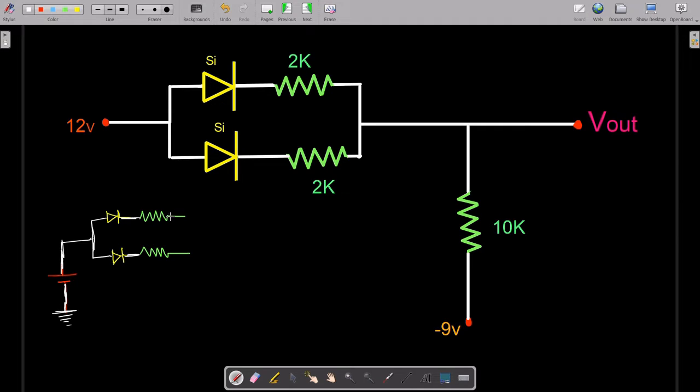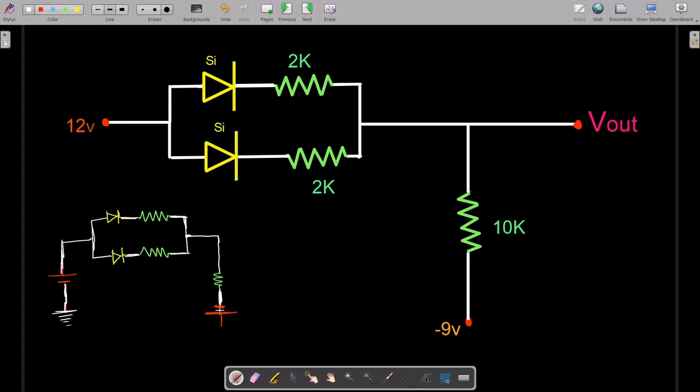Then I will connect this to one common point, and this common point is connected to another resistor which is 10k, and this is connected to minus 9 volts. So this is the minus terminal and this is the plus terminal.